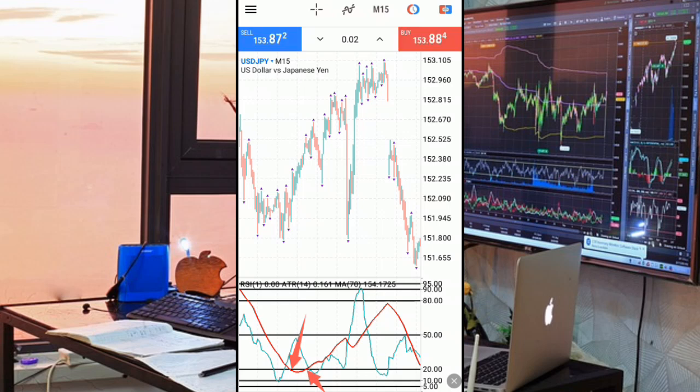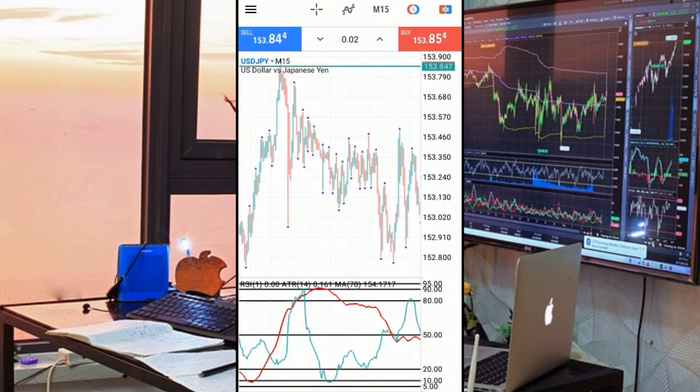So we're going to enter one trade when you get there, and then you wait for price to come and hit the 50 line level again. And when price hits the 50 line level, you can add another trade over there. And when price comes and hits the 80 line level, that is where we are going to shut everything down and wait for new entries. So basically that is how this thing works.